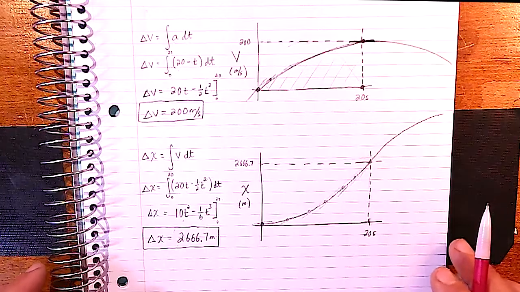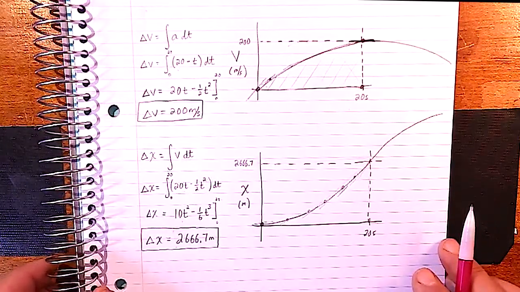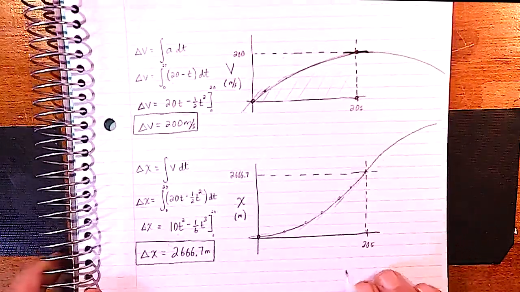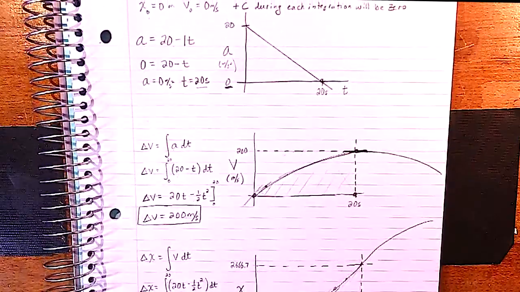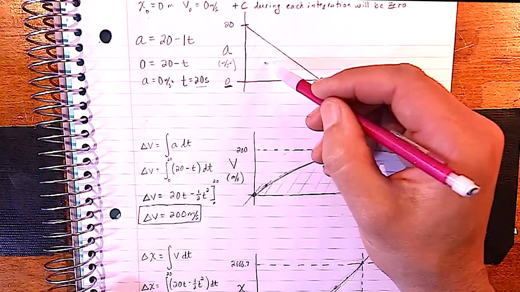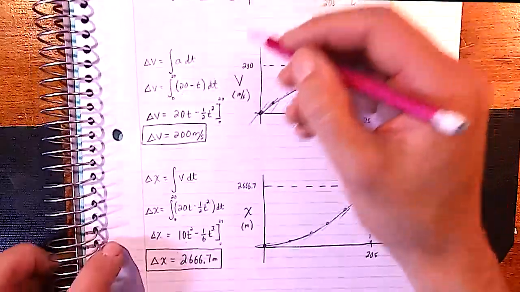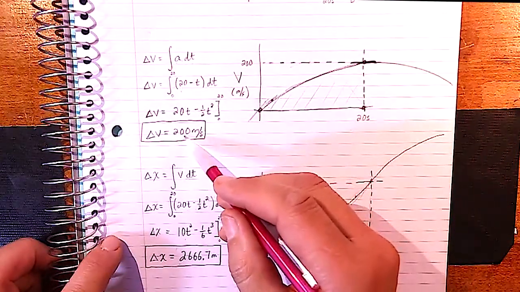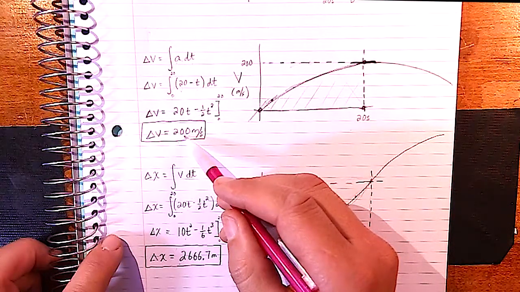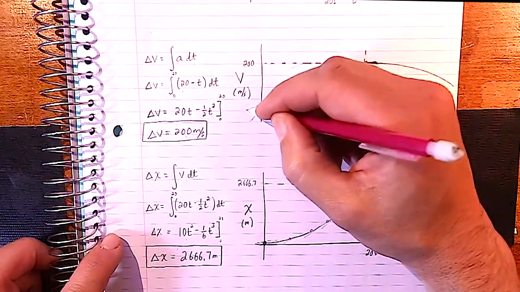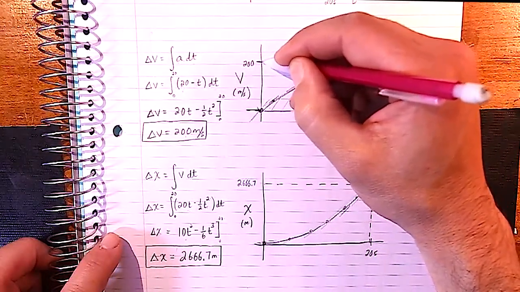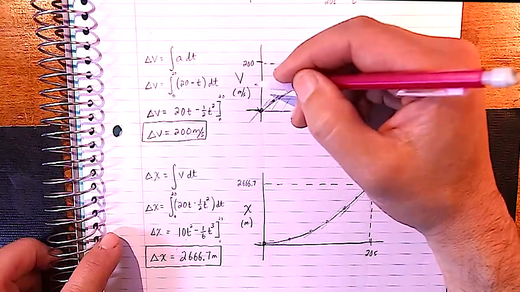So let's go back and just look for a second at the integrals. The integrals in each of these cases, the integral of the area, we did that. And the integral of the area is 200 meters per second. So that means we're going to see a change in velocity of 200 meters per second.